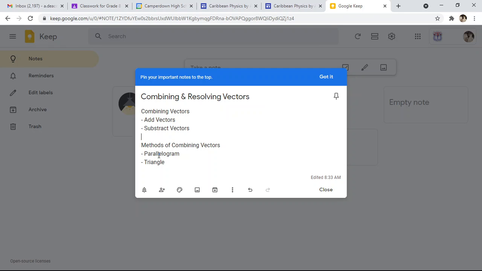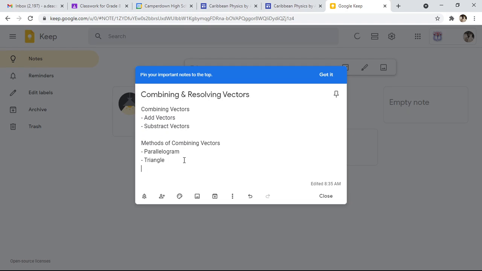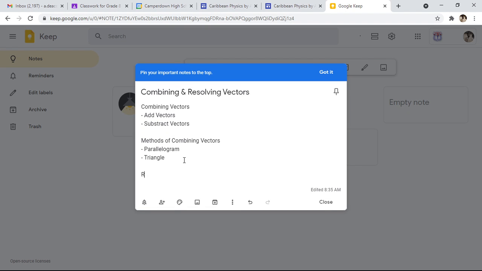Now we have methods of combining vectors. We use the parallelogram and the triangle a while ago. Now, what about resolving the vectors?